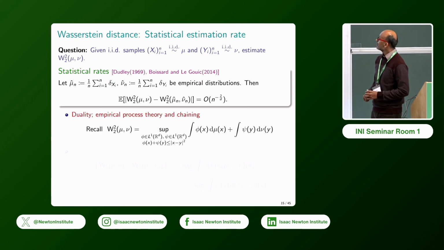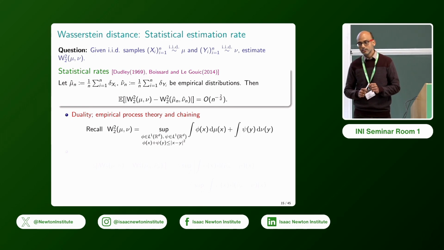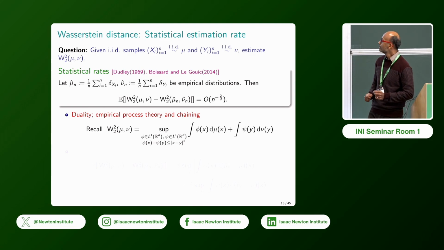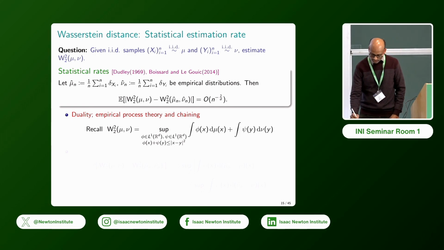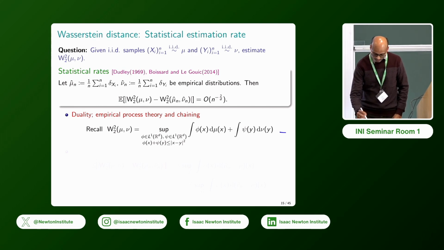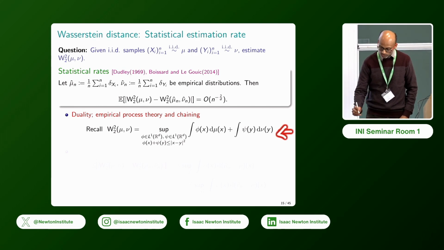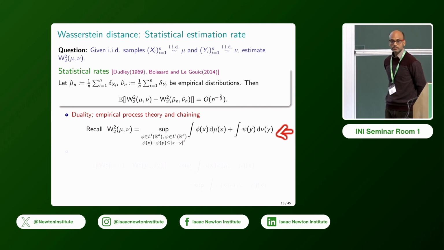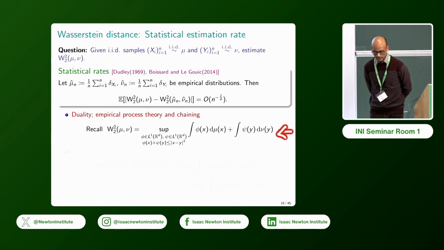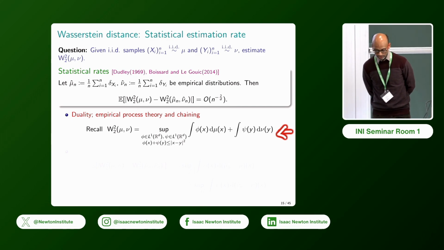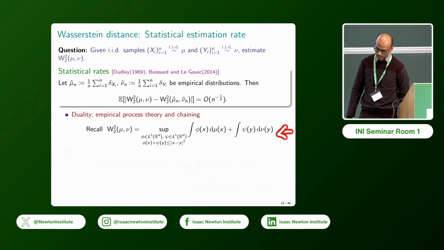And the key idea in proving this result is basically the duality. We already saw this dual representation. This is written in terms of the c-transform potentials phi and phi^c.